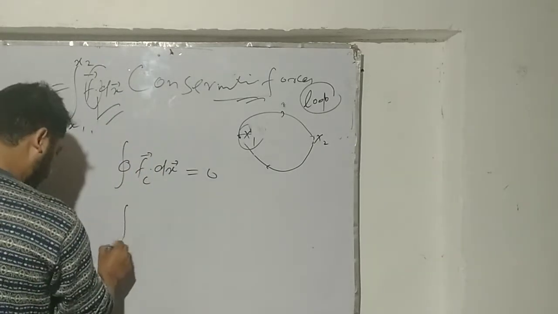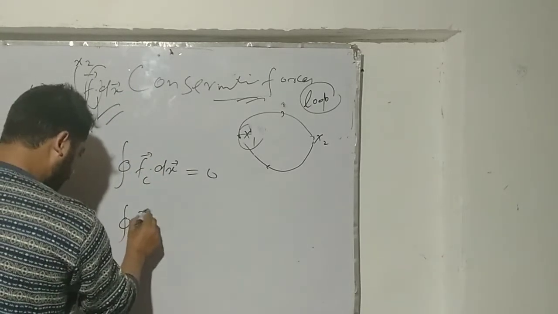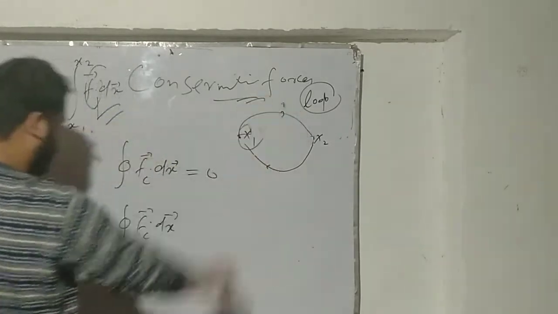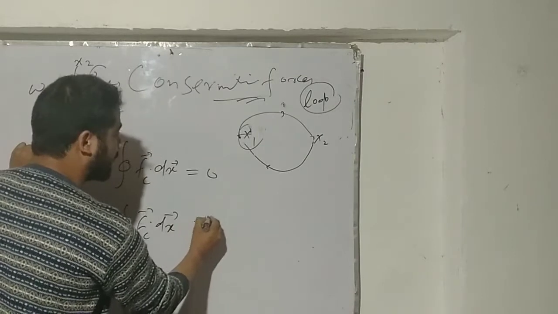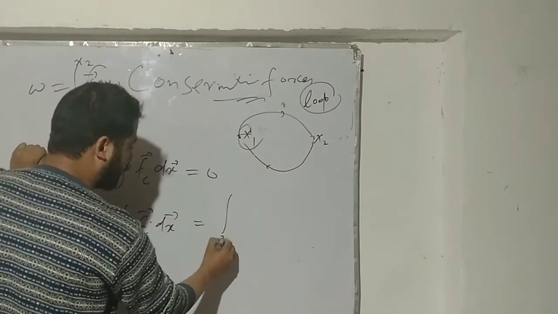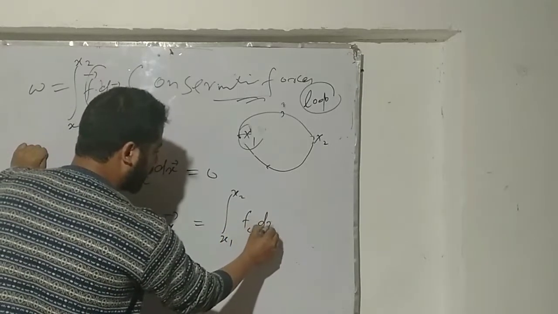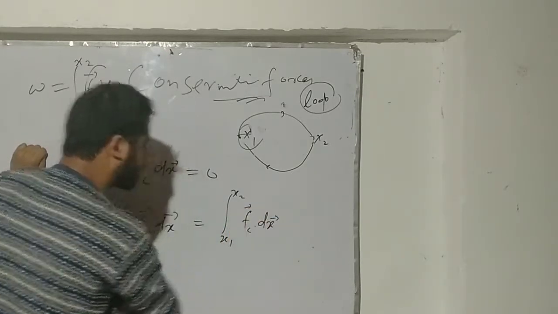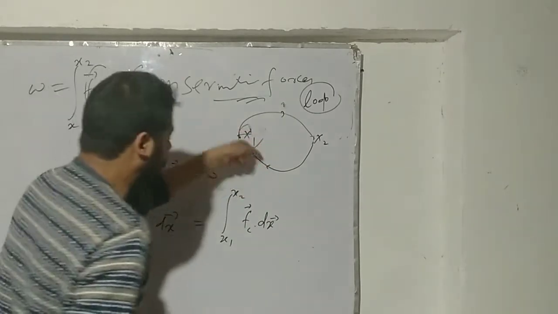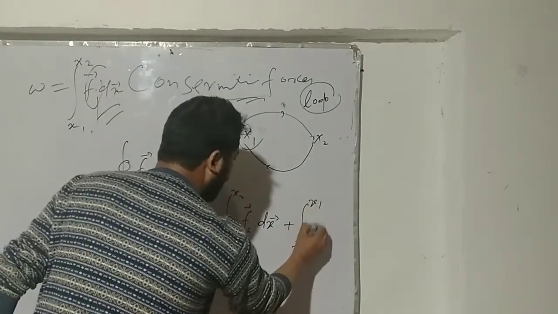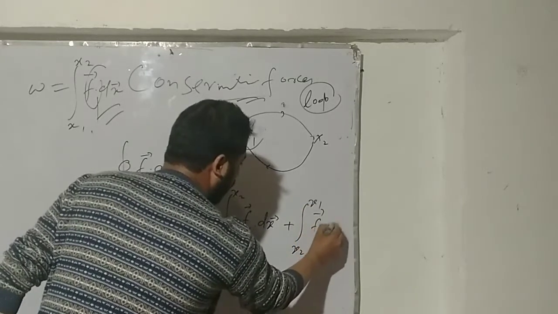My left hand side will be Fc dx. So for path first, what will be the integral? Yes, my integral will be from x1 to x2 of Fc dx, as my force is conservative here. Okay, yes. Now, if I choose my second path here, what will be the other integral? It will be from x2 to x1, Fc dot dx.